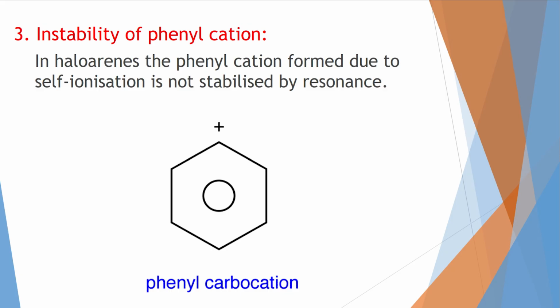Suppose by any reason a carbocation is formed due to loss of the Cl ion, then what happens? This particular structure is not stabilized by resonance. So because of all these reasons, the compound is not very prone to nucleophilic substitution reactions.